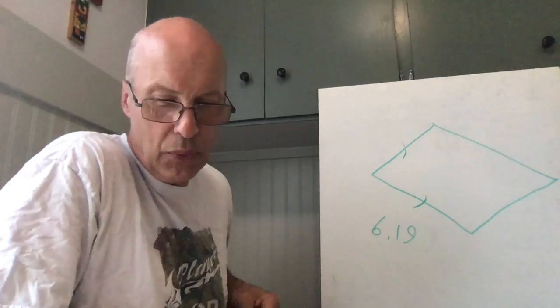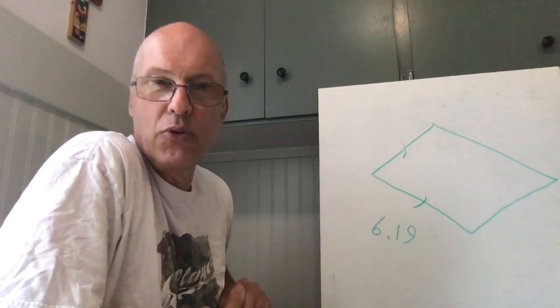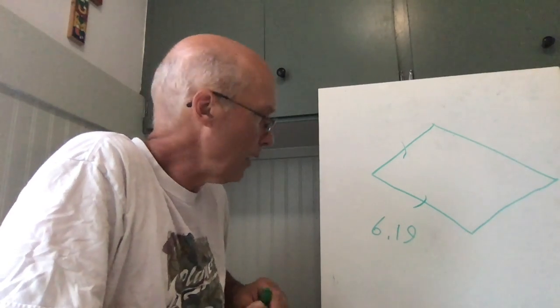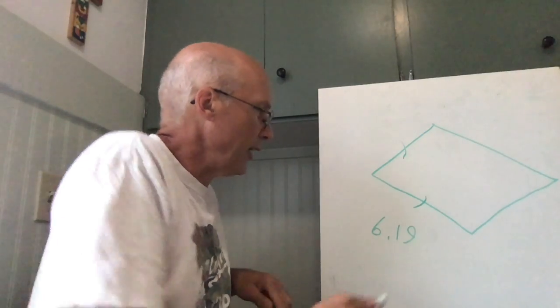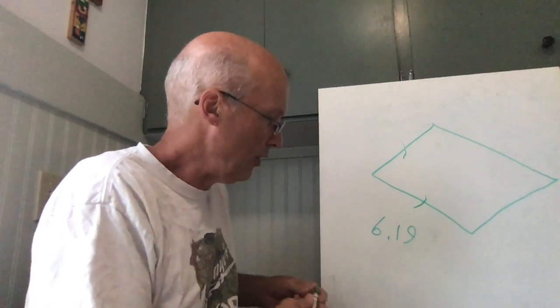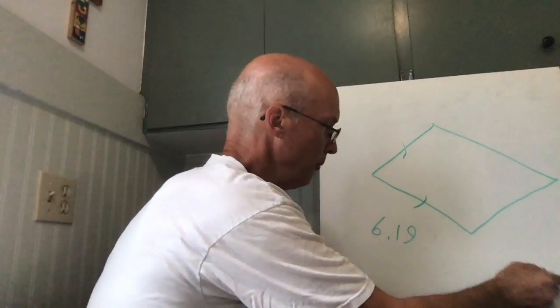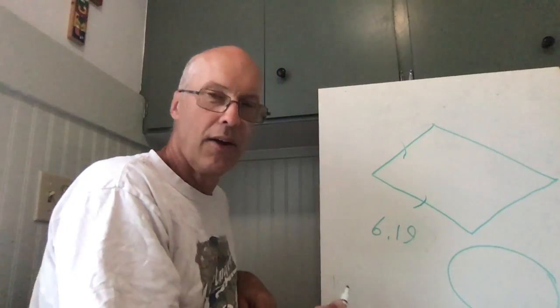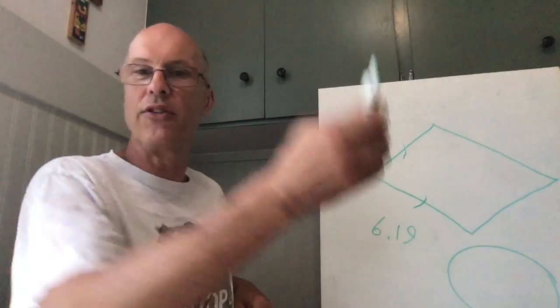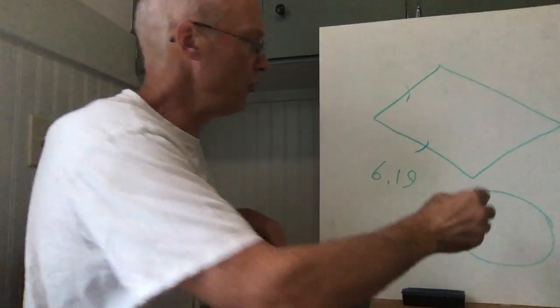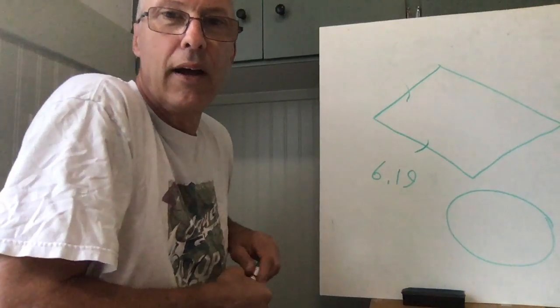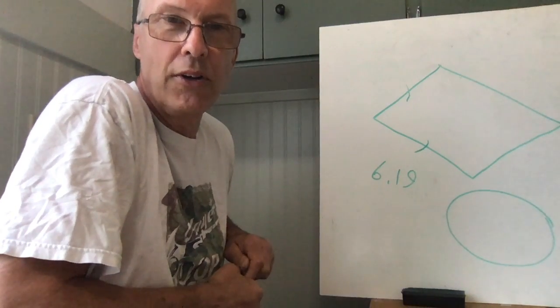And then the last one has to do with the relationship between a rhombus and a rectangle and a square. So think about it for a second. If we were doing a Venn diagram, which one is the most general? Well, remember that a rhombus has 4 congruent sides.